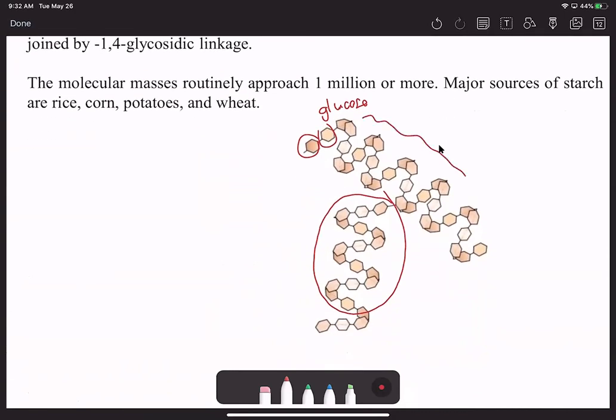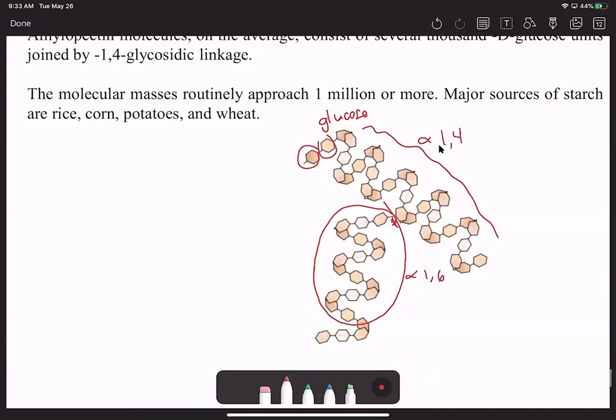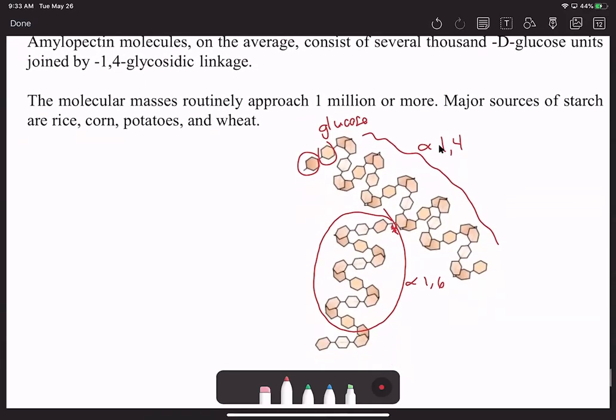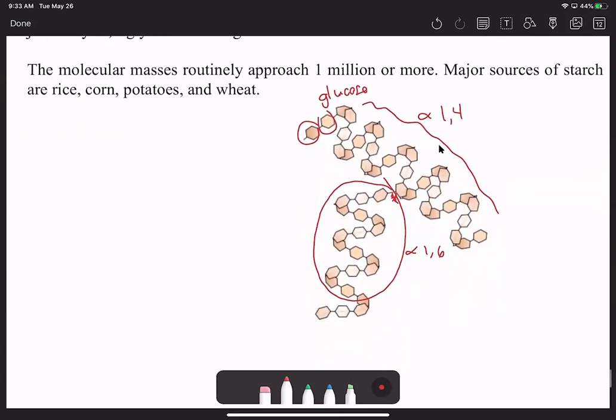Everything here is bonded alpha 1,4, except for this branch. All the branches occur at alpha 1,6. So everything else is bonded alpha 1,4, except for the branches, which occur at alpha 1,6.